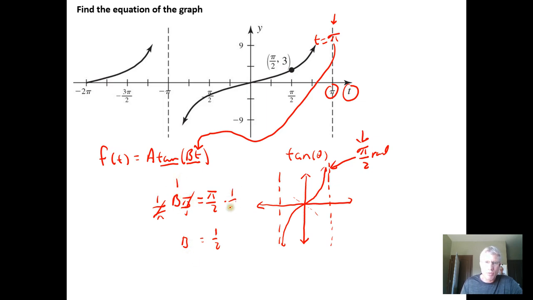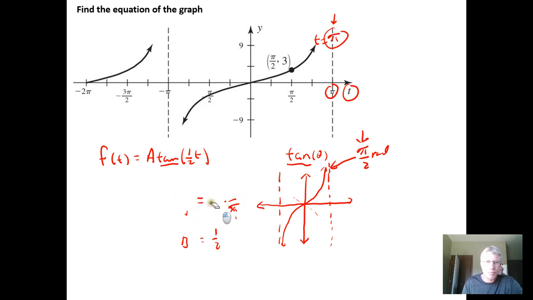And then I multiply by that reciprocal on both sides. Pi divided by pi is 1, giving me the 1/2. So I can come to my function right here and say this b needs to be 1/2, so that when I plug in pi, I get pi over 2, the location of the vertical asymptote for the toolbox function tangent of theta.